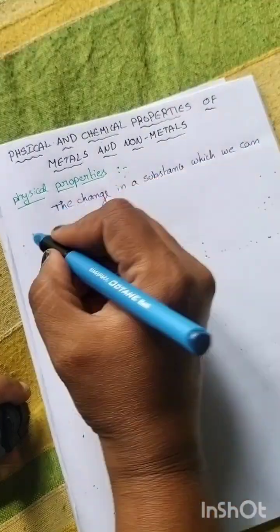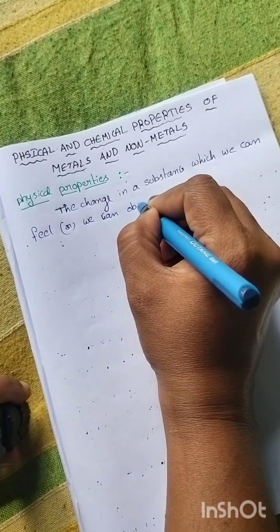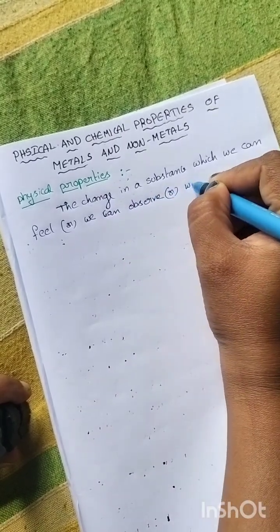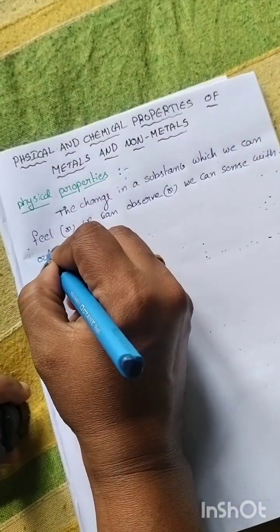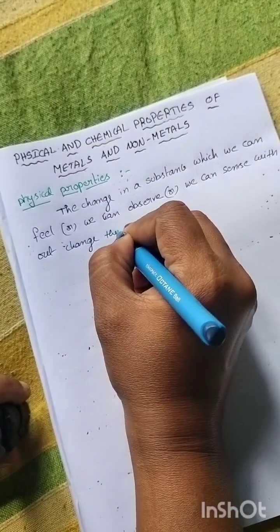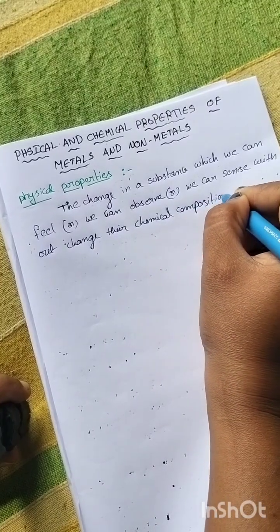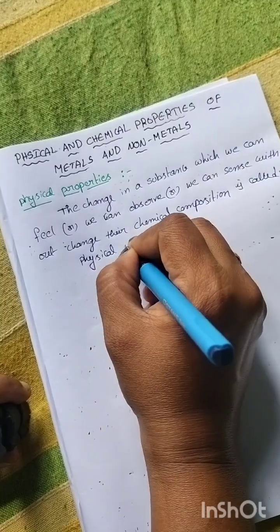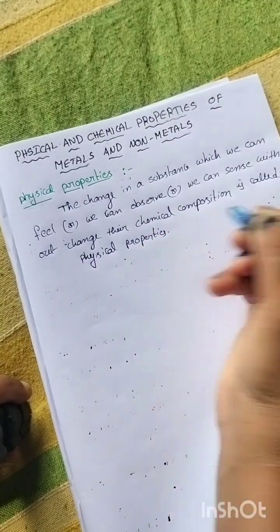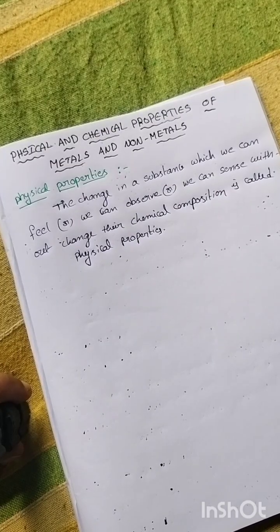So the exact definition is: the change in a substance which we can feel, observe or sense without changing its chemical composition is called a physical property. For example, ice converted into water. This is the most important physical property.